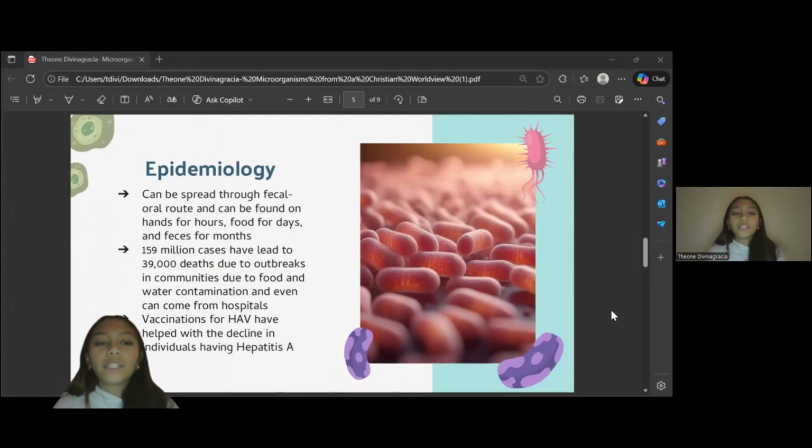The epidemiology. It can be spread through fecal/oral route and can be found on our hands for hours, food for days, and feces for months. There are 159 million cases that have led to 39,000 deaths due to outbreaks in communities due to food and water contamination, and can even come from hospitals.